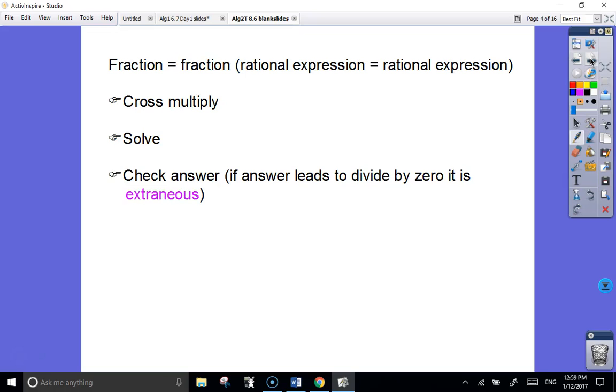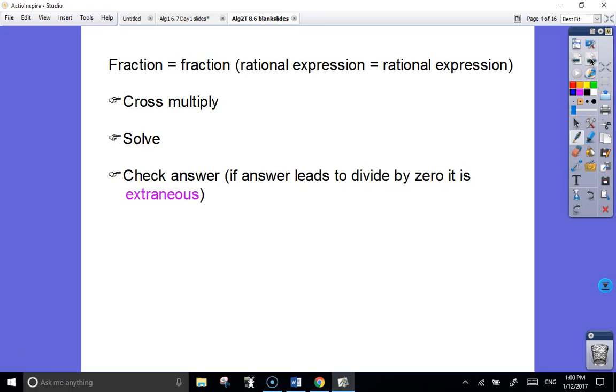Okay, and then we've got to do something that's similar but not exactly the same that we've done before, which is check for extraneous solutions. What did it mean to say to check for extraneous solutions before? Yeah, you would find a solution that when you plugged it into the original equation, it didn't work. And so you would say, okay, that means it's not a solution. It's the same word, but it's not exactly the same thing.